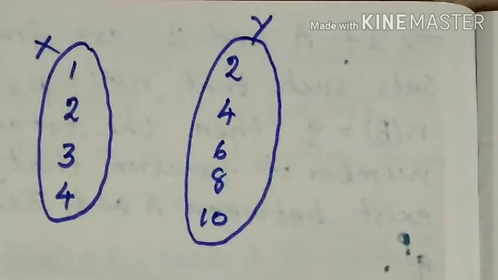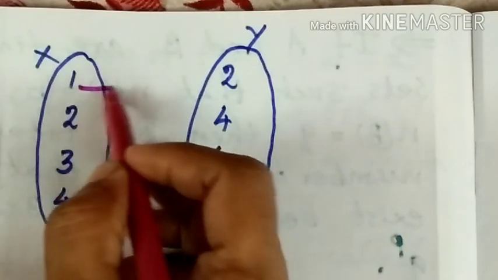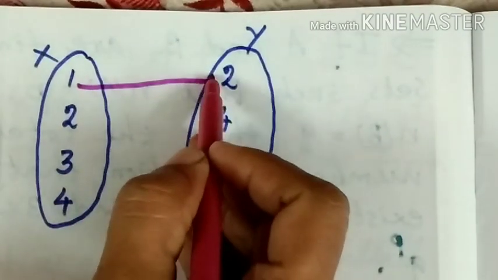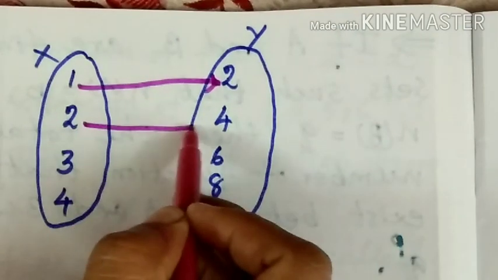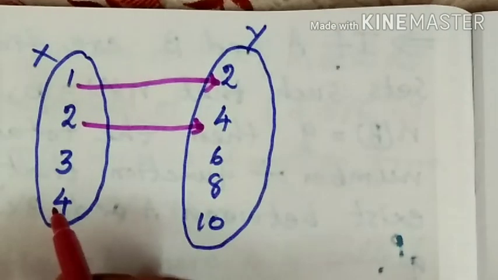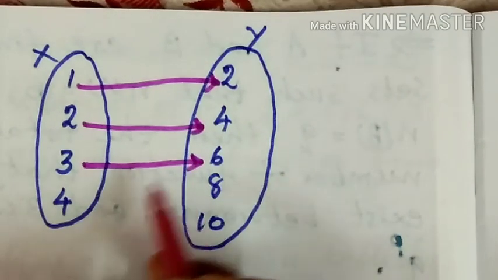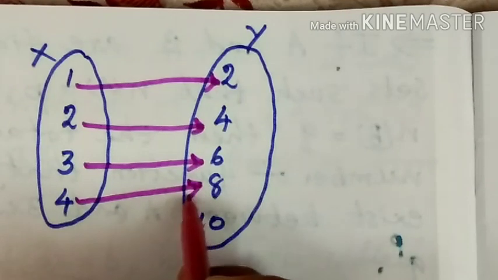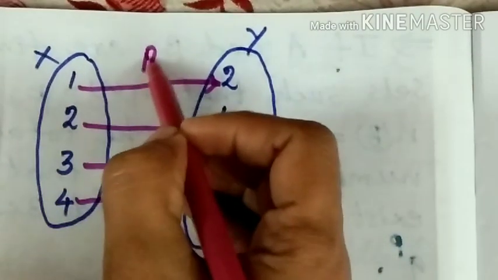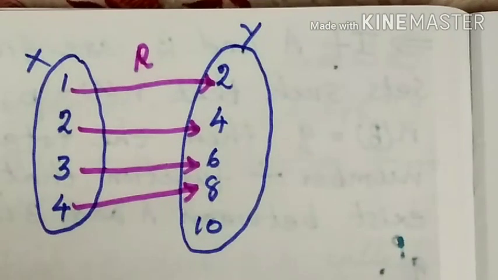Arrow diagram of R: 1 related to 2 and 2 related to 4, then 3 related to 6, then 4 related to 8. From this diagram, what do you observe?